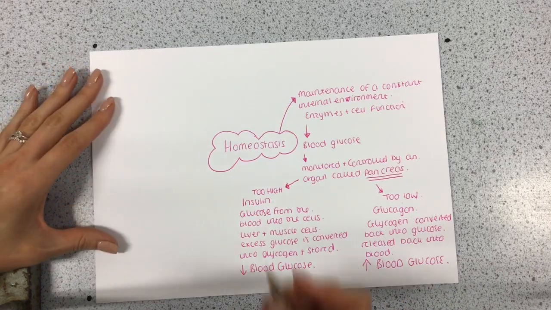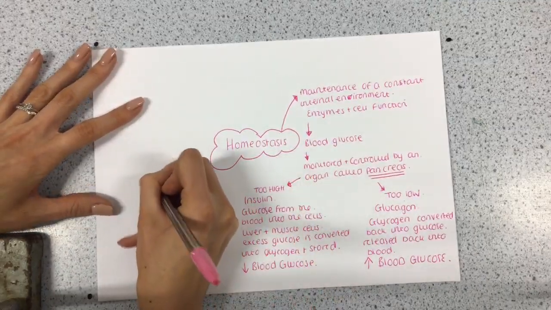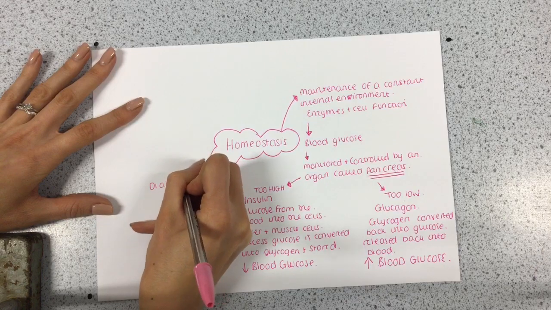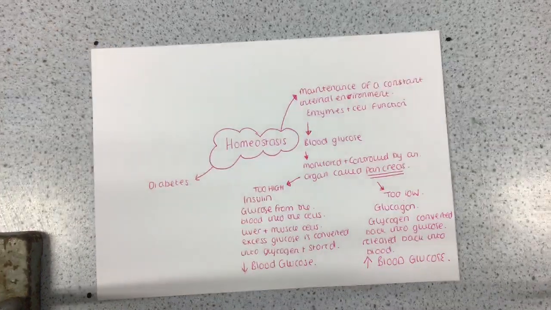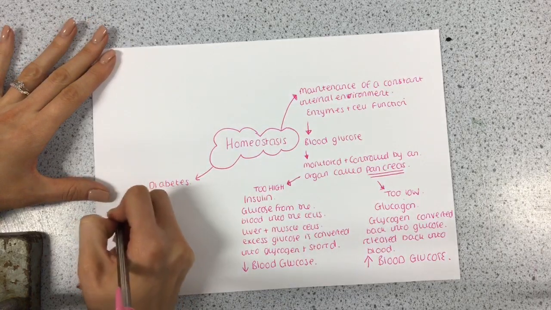Okay, so linking into blood glucose, we're going to quickly look at diabetes. There are two types of diabetes: type 1 and type 2.